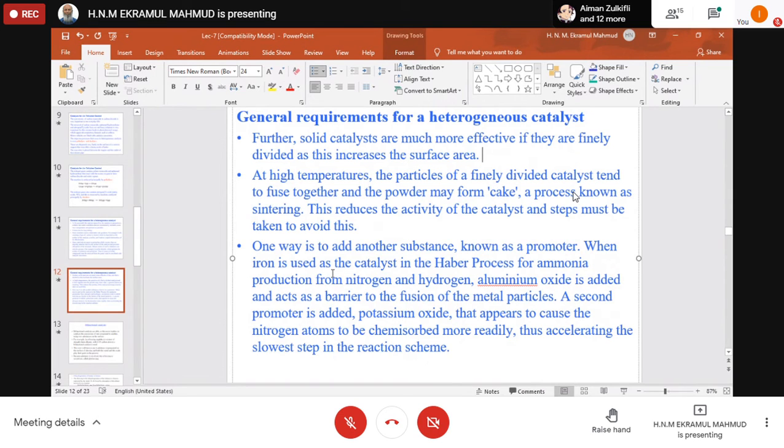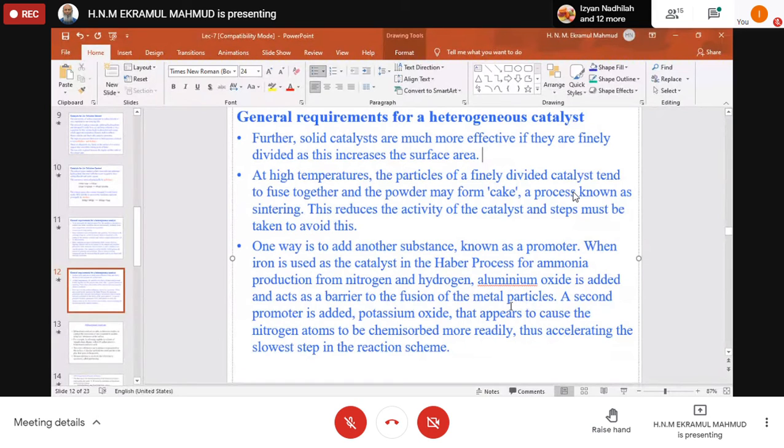So when iron is used as the catalyst in the Haber process for ammonia production from nitrogen and hydrogen, alumina is added and acts as a barrier to the fusion of the metal particles. So aluminum oxide with iron, right?